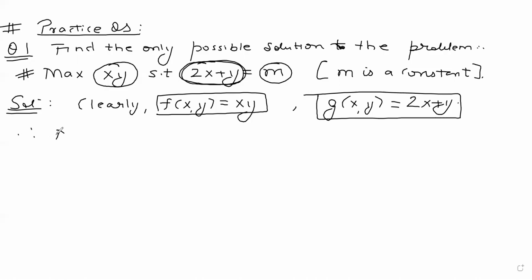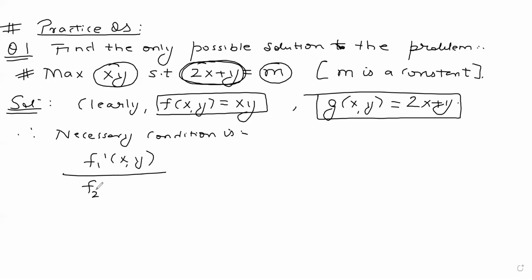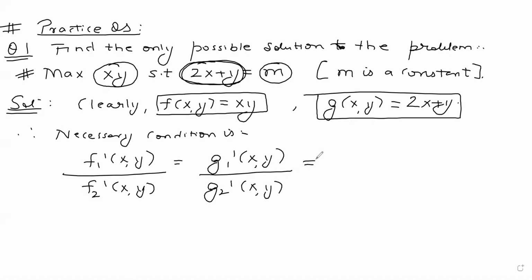So if I apply the necessary condition we have just learned, what is the necessary condition? The necessary condition is f1 dash x, y upon f2 dash x, y is equal to g1 dash x, y upon g2 dash x, y.